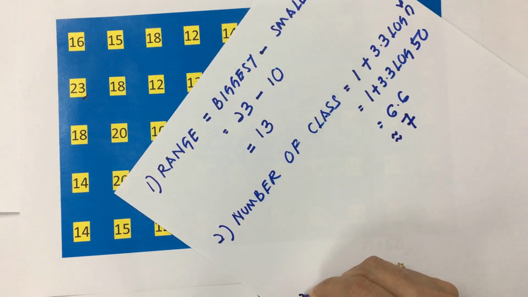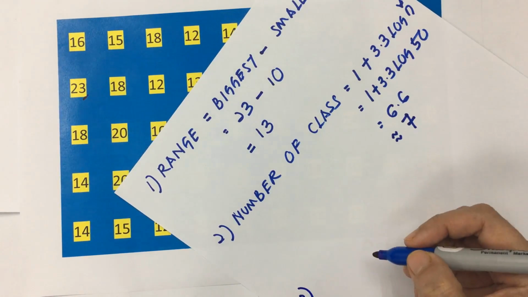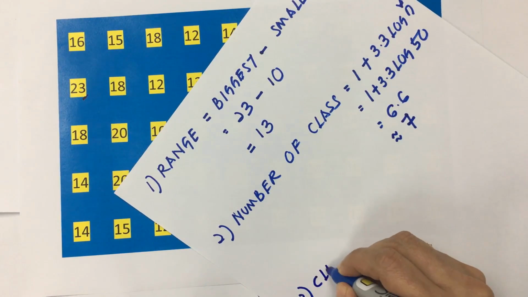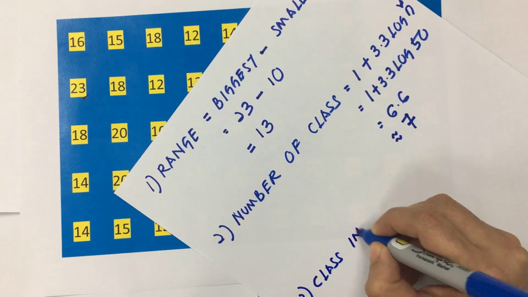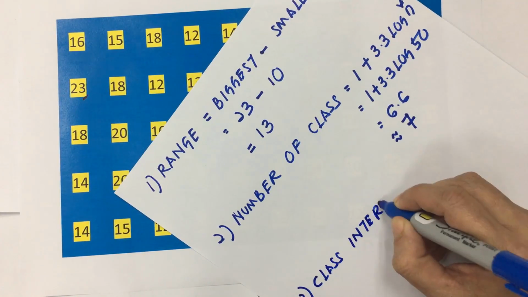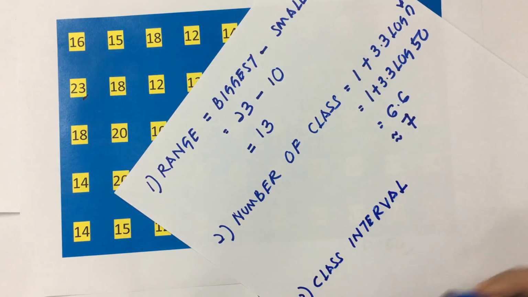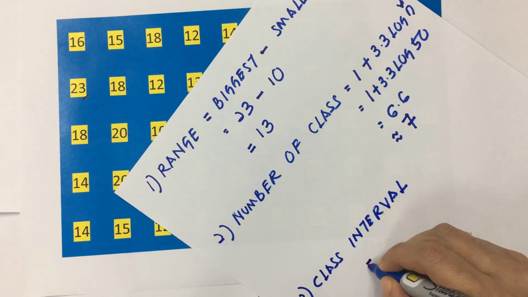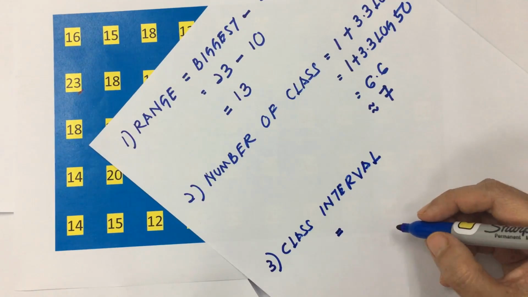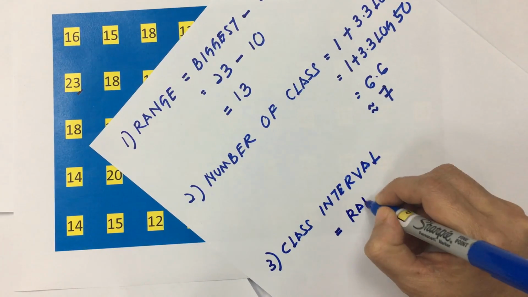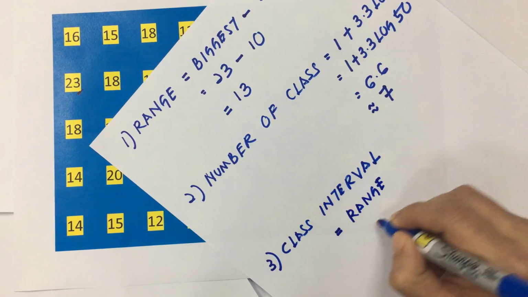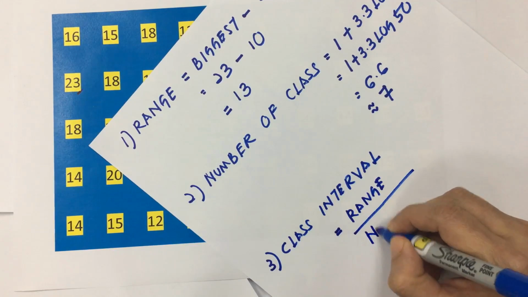The next step is to find the class interval. Class interval is the size of the group that you want to create. You can find the class interval by dividing the range by the number of classes.